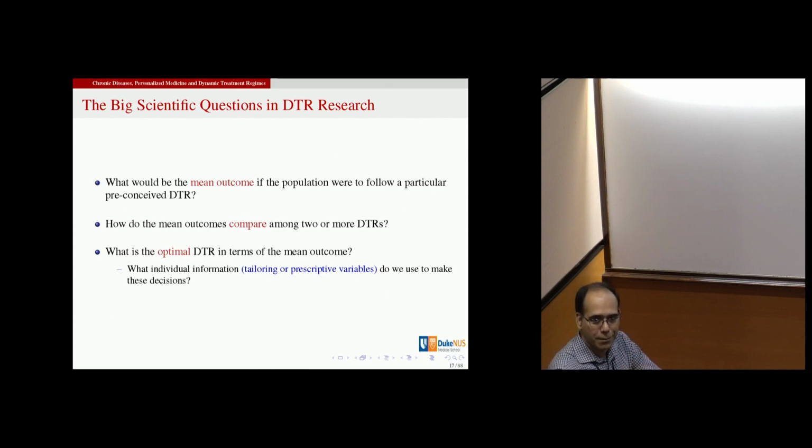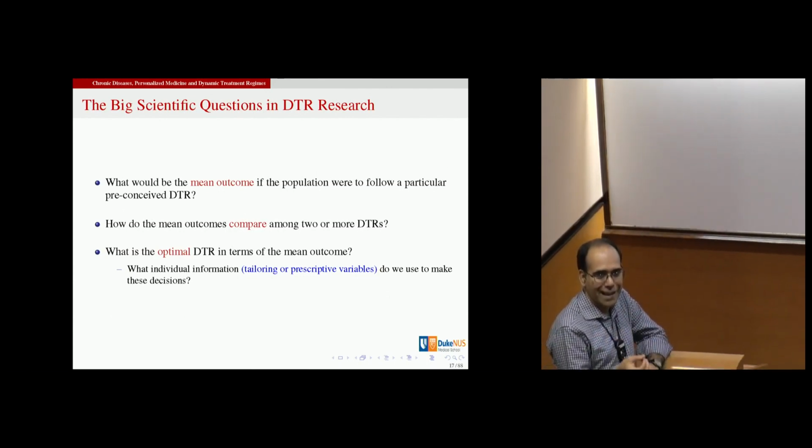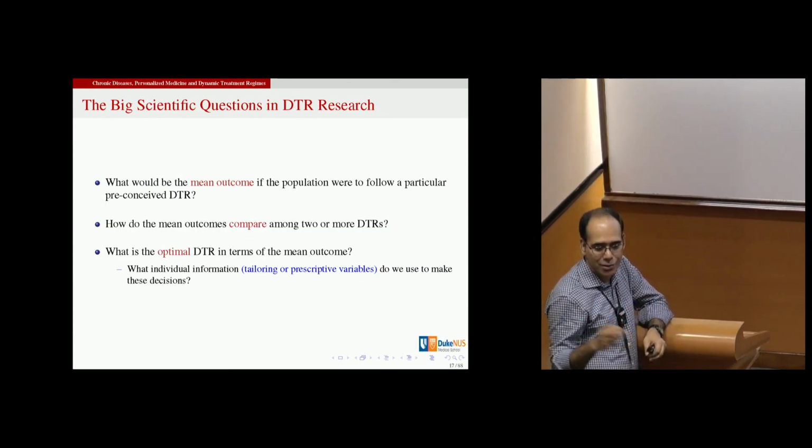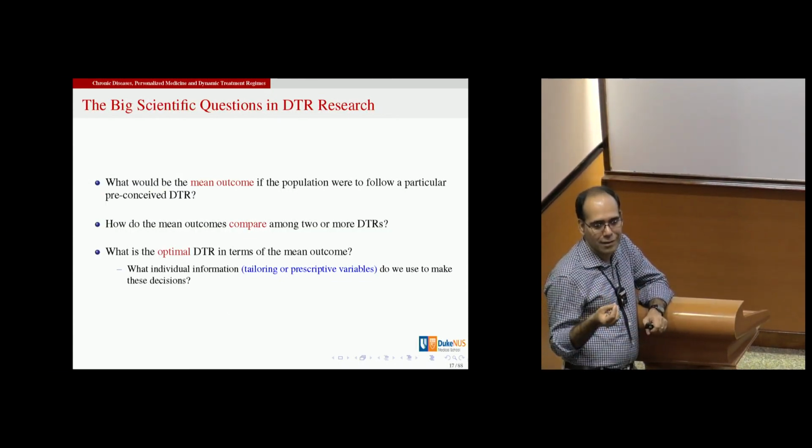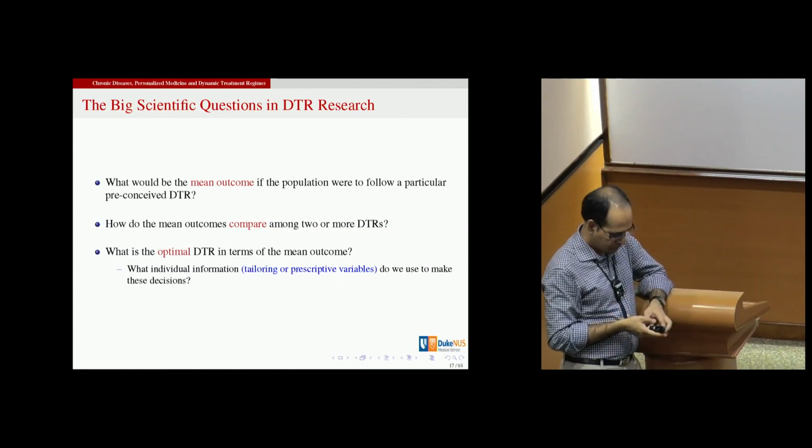So that's basically a variable selection kind of question. In that history I mentioned, if there are a lot of components, what summaries do we use to make the recommendations?